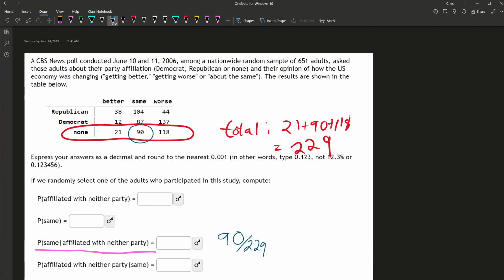The probability is 90 out of 229, because there are 229 people in this restricted sample space, and 90 of these people believe that the economy is the same. And if I type this into a calculator, I get about 0.393.